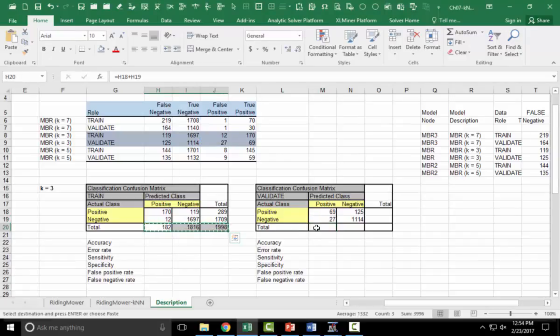Copy these formulas here and copy that formula there. So now for k equal to 3, you have both train and validate classification matrix.